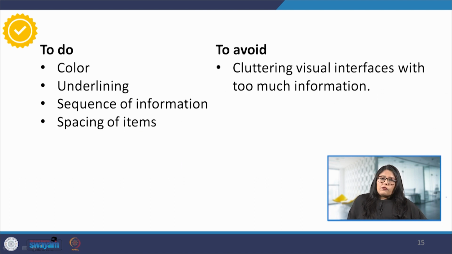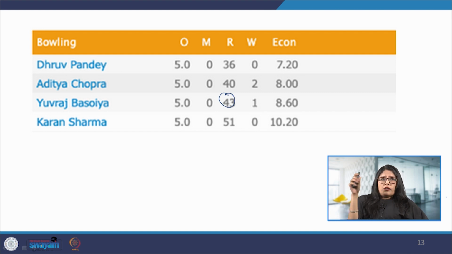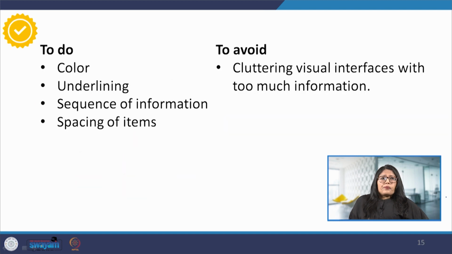So in order for designers to create interfaces where the user can be more attentive, there are certain quick guidelines. So using color, like we saw in the previous slide, where the rows are slightly different color, the main heading is of a different color, so it helps us identify the important elements right there.